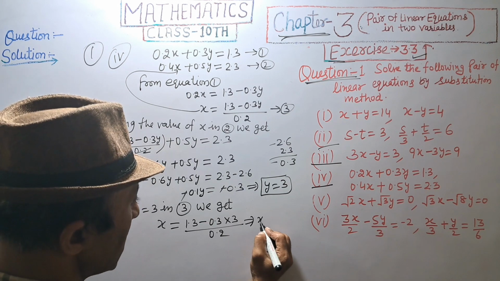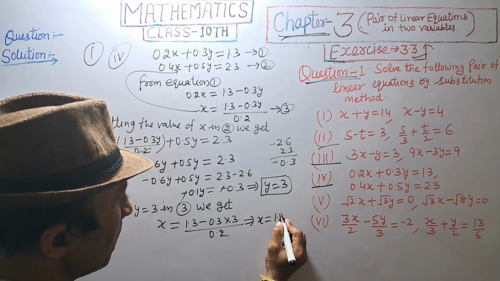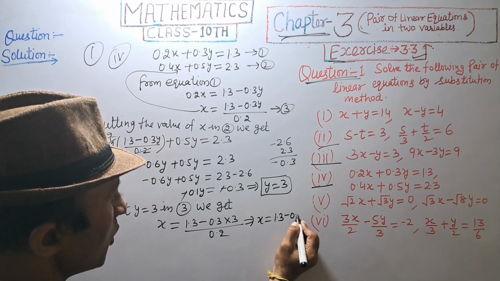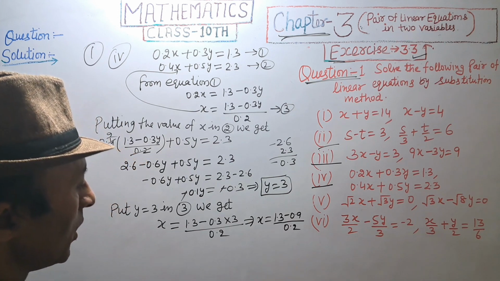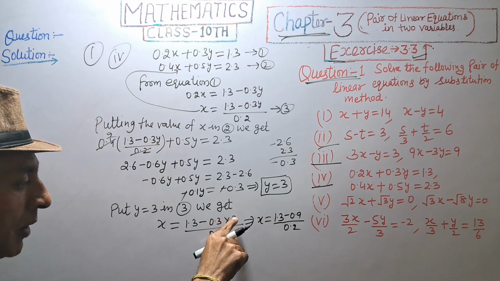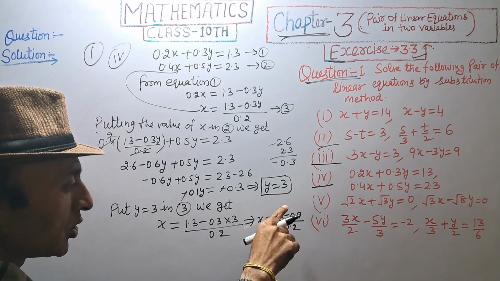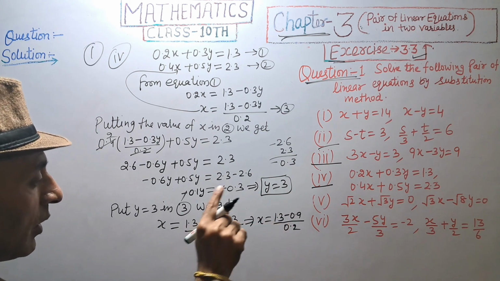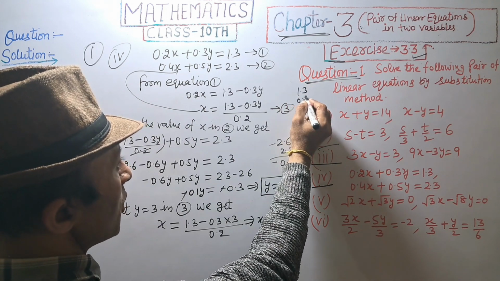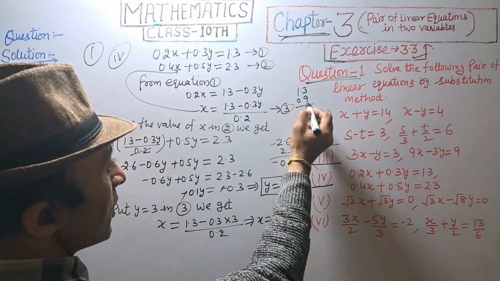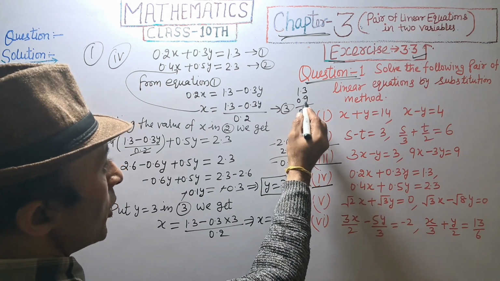This implies x is equal to (1.3 minus 0.9) divided by 0.2. 0.3 multiplied by 3, that is equal to 0.9, and 1.3 minus 0.9 divided by 0.2.